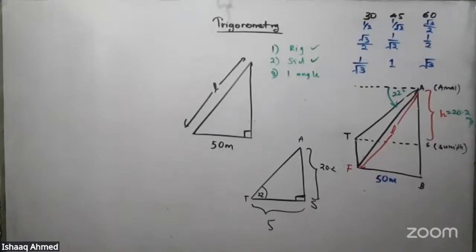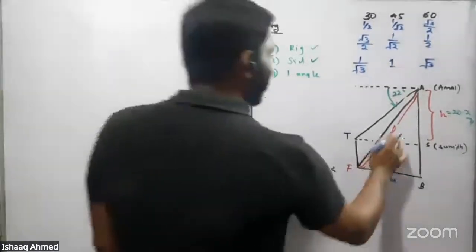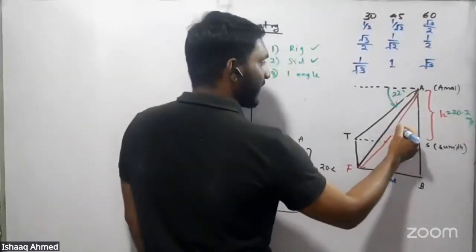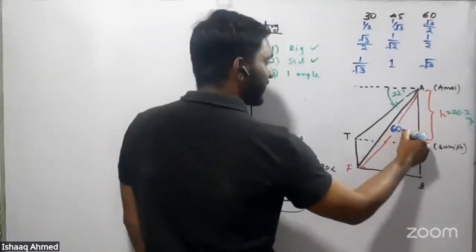Okay, so there's an important detail that I missed. The length of a wire drawn from the window A to the foot F of the tree is 60 meters. So they are not even asking L. I didn't even read the question properly. They have given L. The length of the wire is 60 meters.